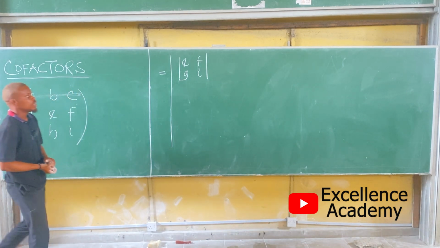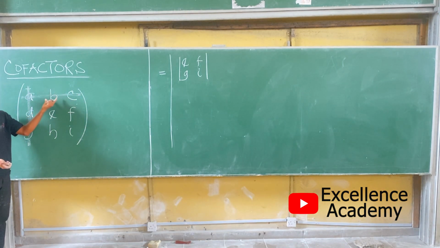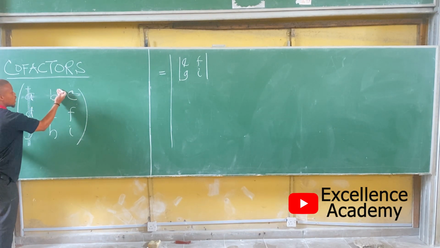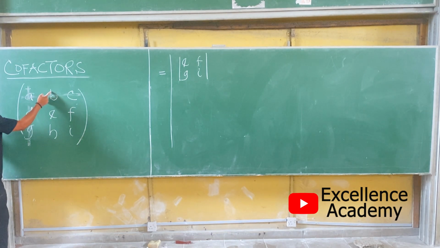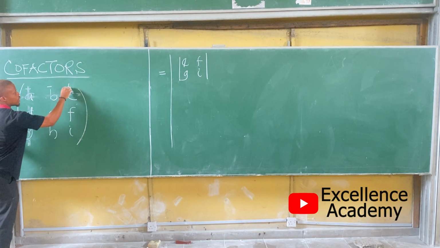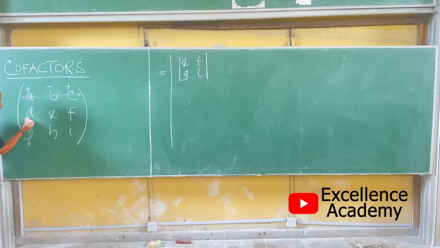Alright. Next up, we move over to the next element there, which is B. So for B, I'll do the same thing. I'll close the row on which B appears, and I'll also close the column on which B appears. And mind you, we are dealing with sign convention. For this, I'm having a minus, right? And I'm having a plus here, right? So this is what I mean.